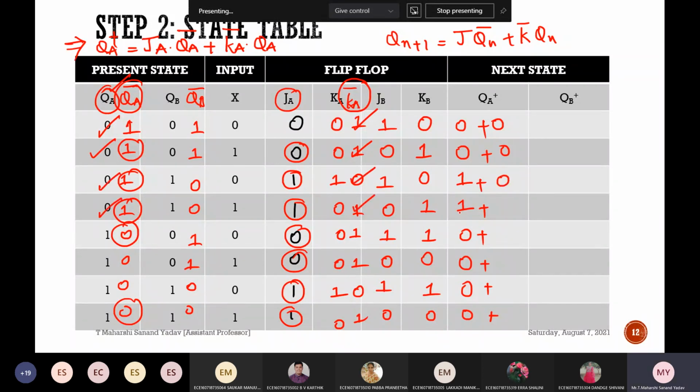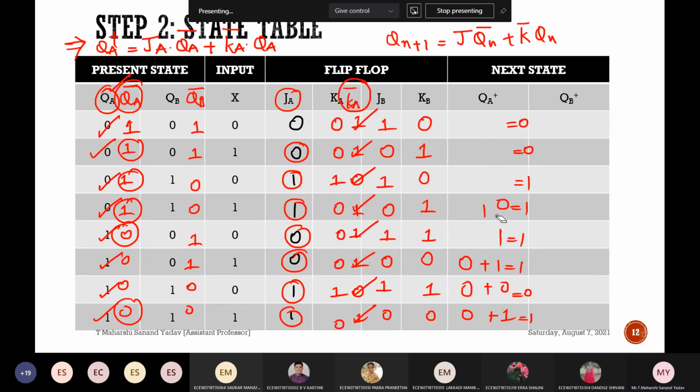Next, 1 into 0 is 0. So here 1, 1, 1, 0. This is 1 into 1 is 1. Add them. 0 plus 0 is 0. This is 1, 1. Clear? This is how you have to write. So the answer for QA plus is 0 0 1 0 1 0 1. Similarly, tell me the answers for QB plus.